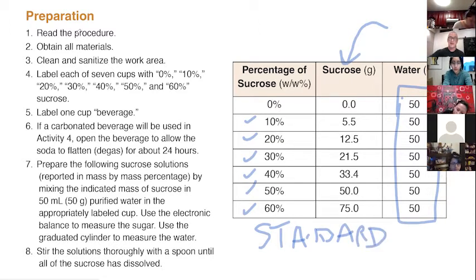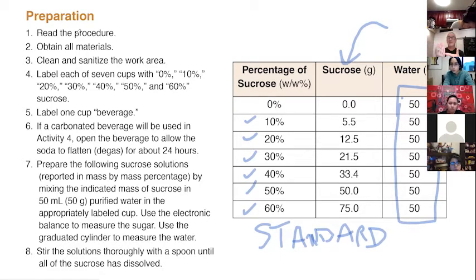Why are they called standards? Because we are going to be making them, and we are going to be using these to figure out what the density of each one is. So once we have the density of these solutions, that we know what the percentage of sucrose is, we can use that information to figure out, once we have the density of our unknown, our apple juice or energy drink or whatever it is we're going to use.